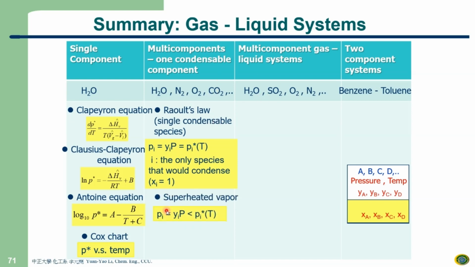And do you remember you learned superheated vapor? Remember superheated vapor? This is where there's no liquid water, only vapor. And we can increase the temperature to make the vapor very, very hot. So the vapor pressure never reaches the saturated vapor pressure, right? This is what we call superheated vapor.